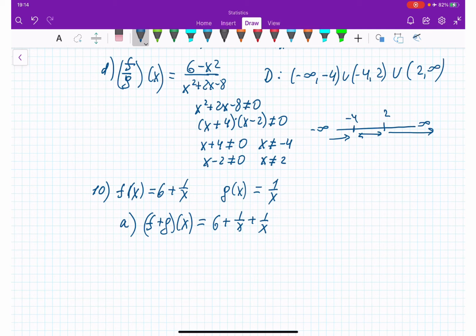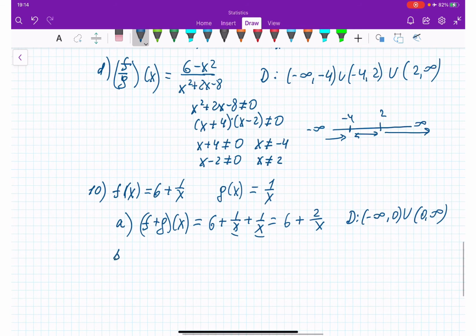So it's going to be 6, since both have the same denominator, 1 plus 1 is 2, so 2 over x. And what is going to be the domain? x cannot be equal to 0, right? So negative infinity to 0 and 0 to positive infinity.